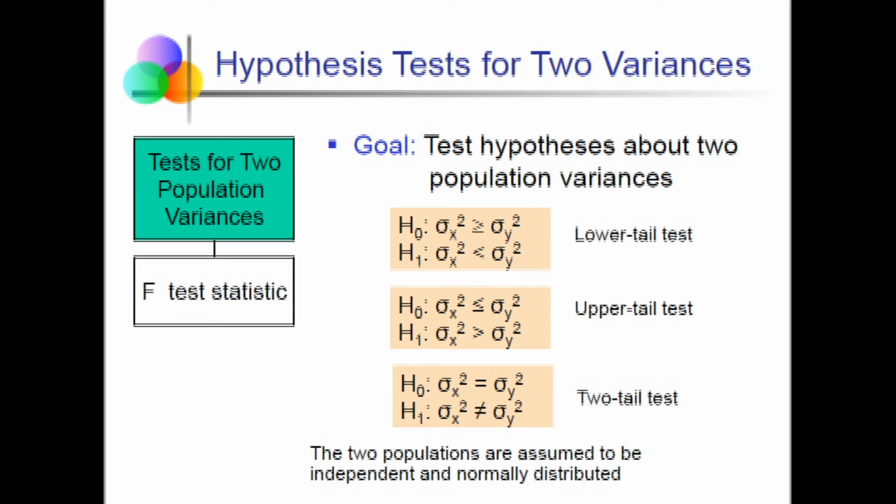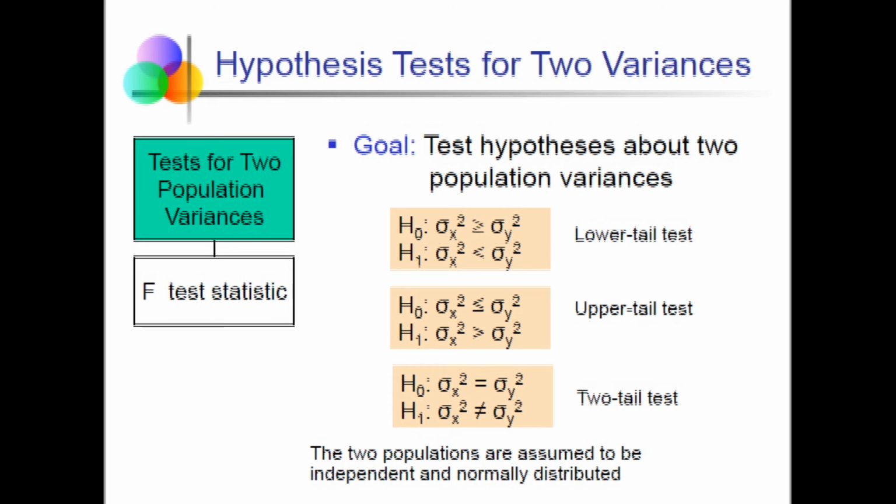We want to know whether we should use the pooled variance or the separate variances. So in that case, we can test the equality of the variances of two populations and make a decision of whether to use the pooled or the separate variances when testing for their means.